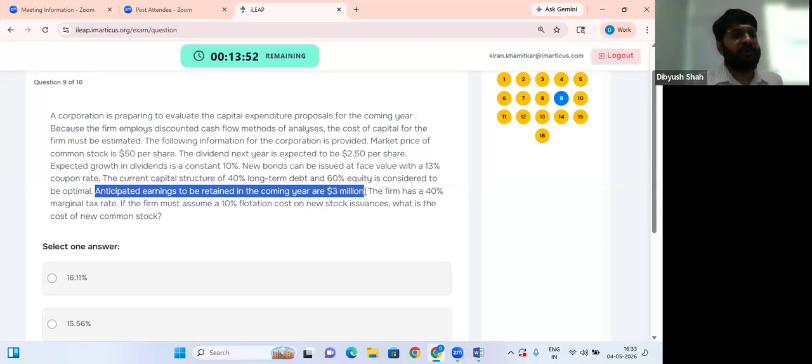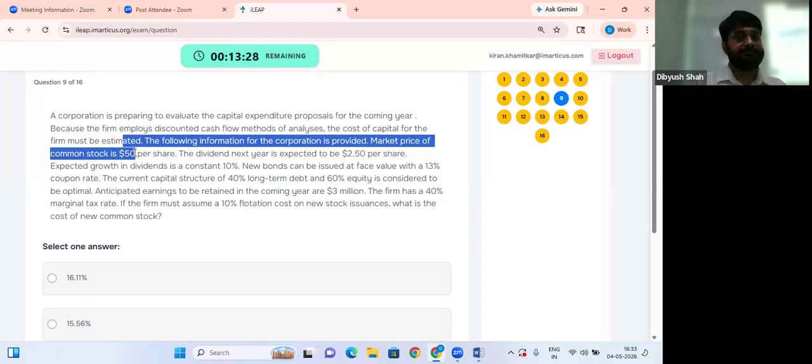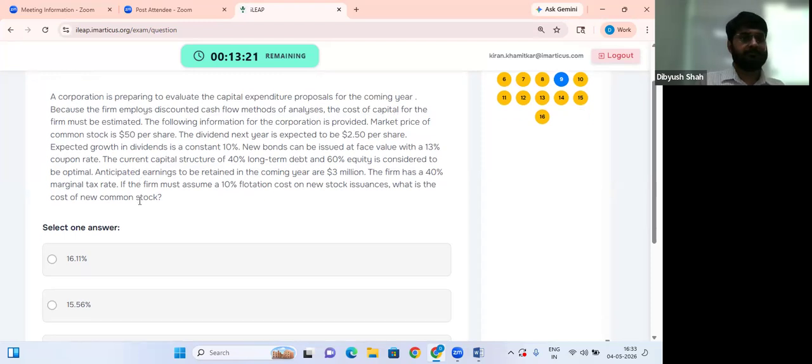The firm has a 40% marginal tax rate. The firm must have a 10% flotation cost, which is always calculated on price or par value. But this is equity share, so we will assume price only. If it was preferred stock or debt, I would have assumed par. So this is 50, 10% of this. They are asking what is the cost of new common stock. Clear? Homework.